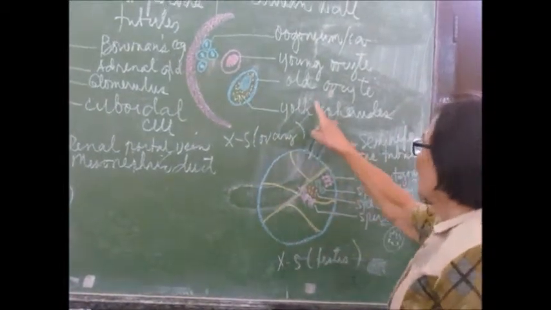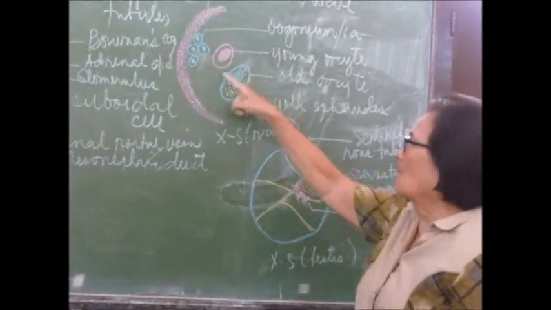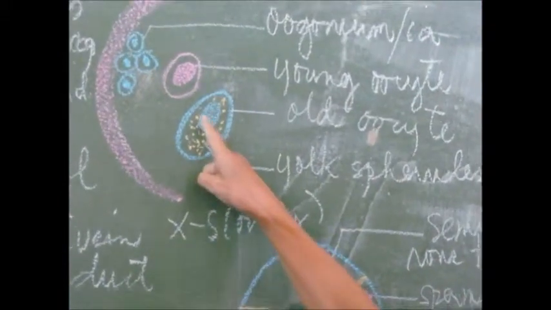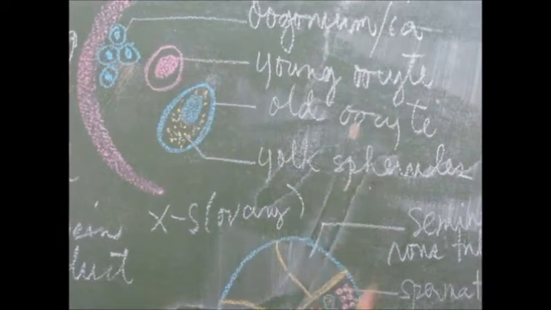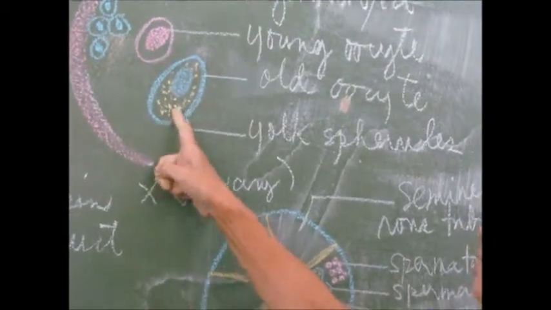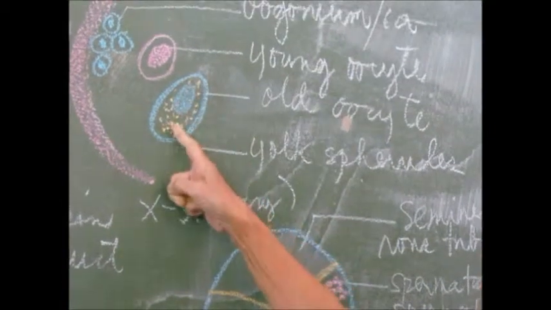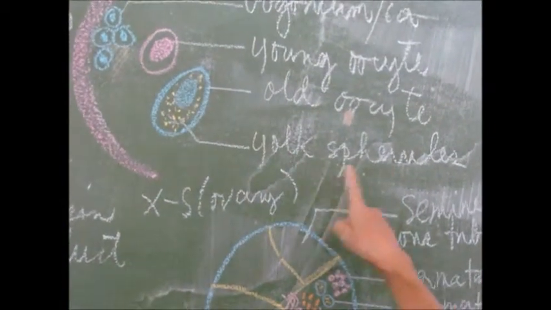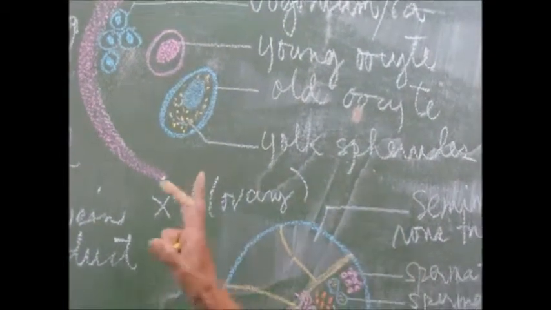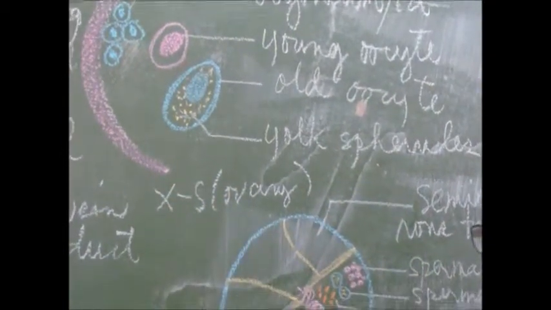Now in the case of the old oocyte, much bigger cells, but the nucleus is not found in the center. Okay, and you have yolk material, or we call it yolk materials. Okay, so this will be taken up after digestion.